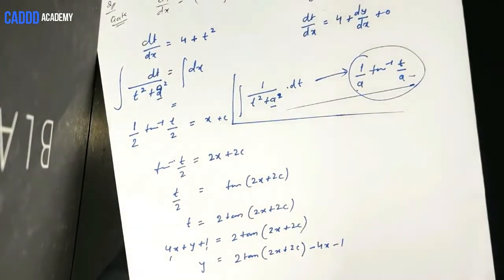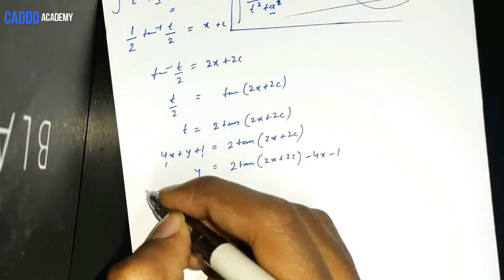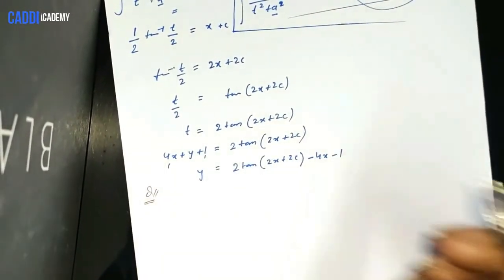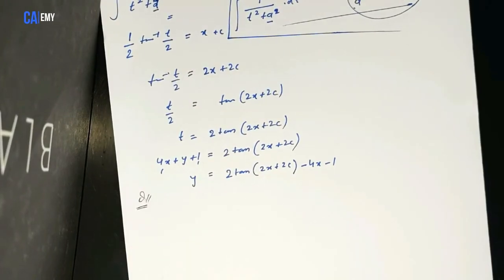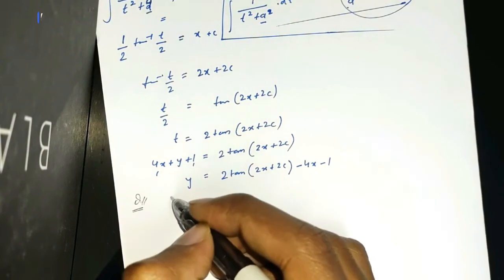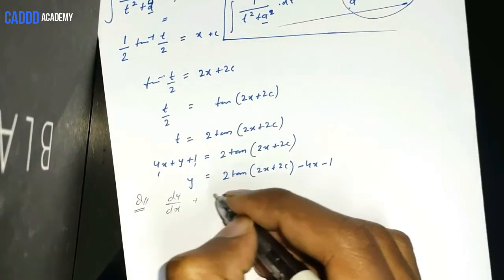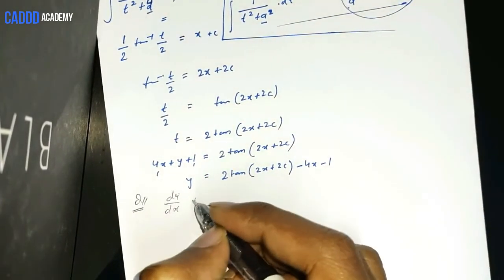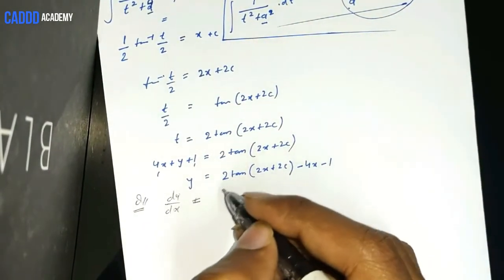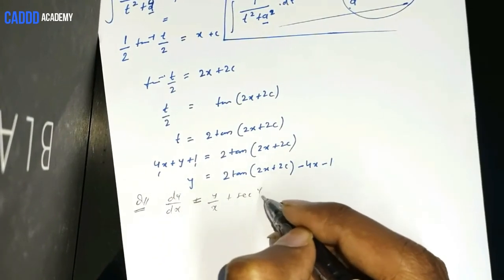Okay, now moving to the homogeneous differential equations. For homogeneous differential equations we will take a problem like dy by dx is equal to y by x plus sec (y by x).